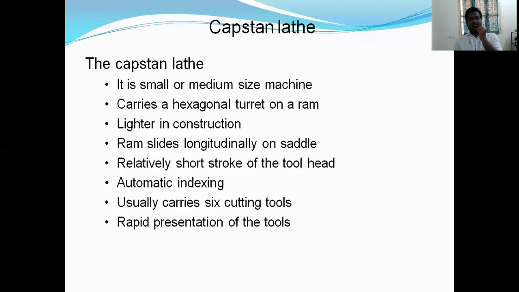The tools change automatically, and it usually carries six tools. Here we observe one point: similar to the turret lathe, it has six tools, but the turret is placed on the ram. For longitudinal movement, the ram slides on the saddle. Compared to the turret lathe, it is lighter in construction.